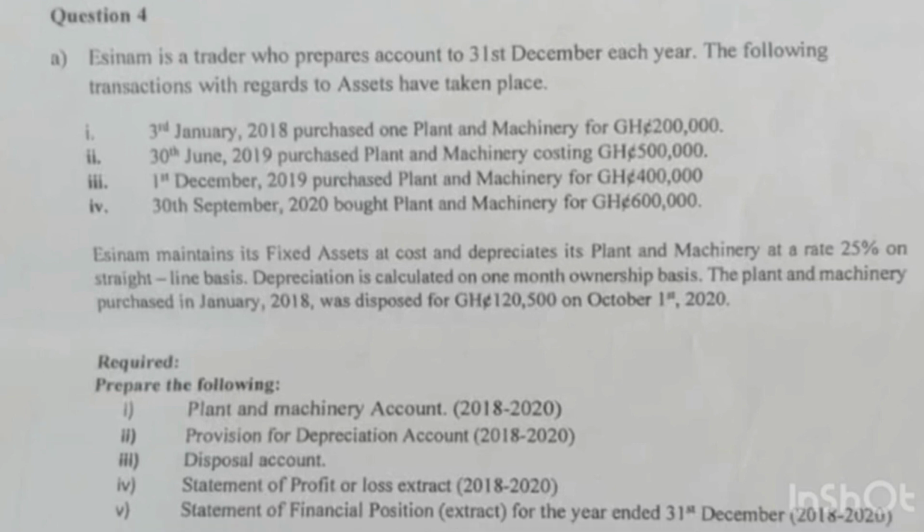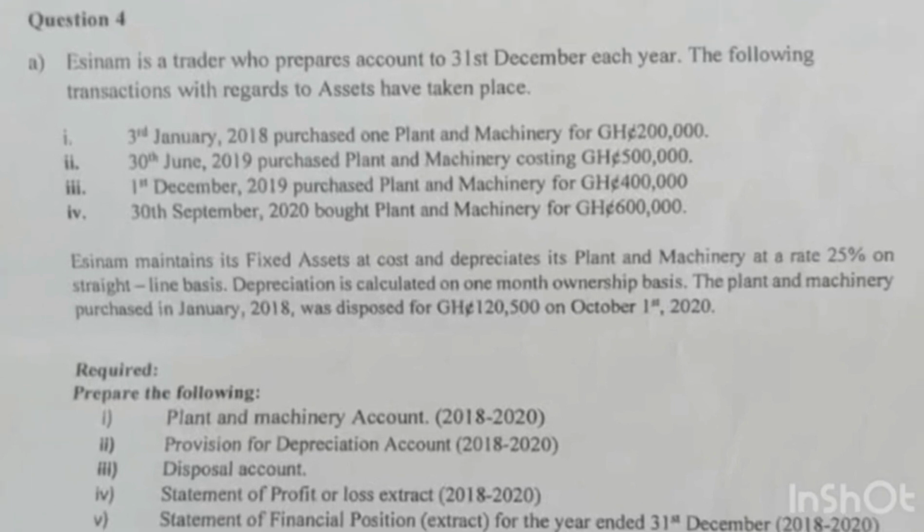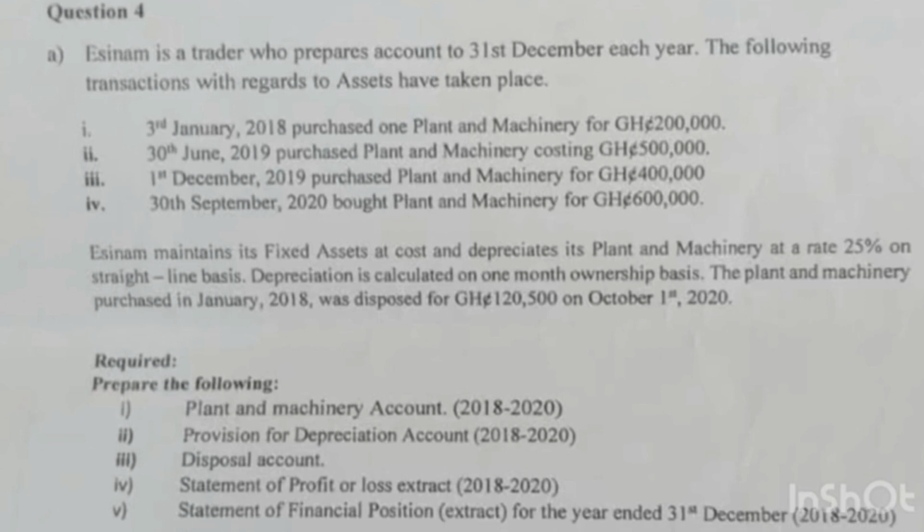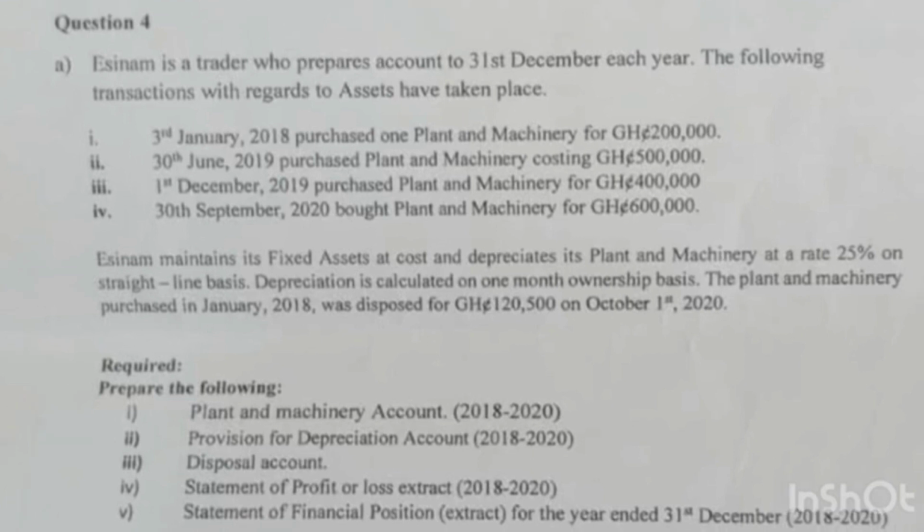Required. Prepare the following: I, plant and machinery account 2018-2020. II, provision for depreciation account 2018-2020. III, disposal account. IV, statement of profit or loss extract 2018-2020. V, statement of financial position extract for the year ended 31st December 2018 to 2020.